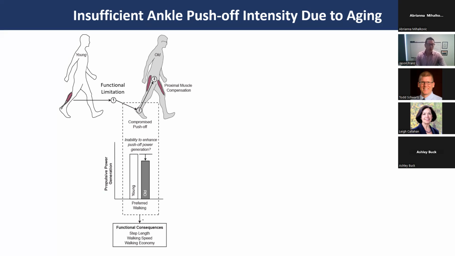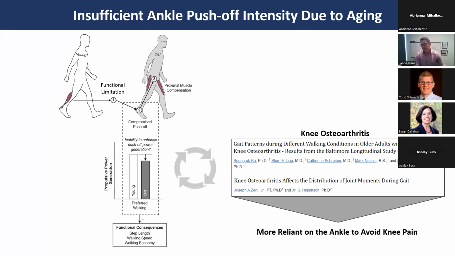and worse walking economy. If you look into the literature, there's not a lot of these biomechanical studies, but those that do exist suggest that the opposite happens if you happen to have, in this case, knee osteoarthritis, that there's an avoidance of using those hip and knee joints to power movement, redistributing back down to the ankle as a way to avoid knee pain.